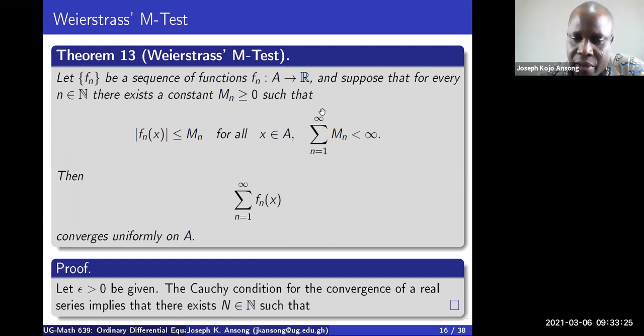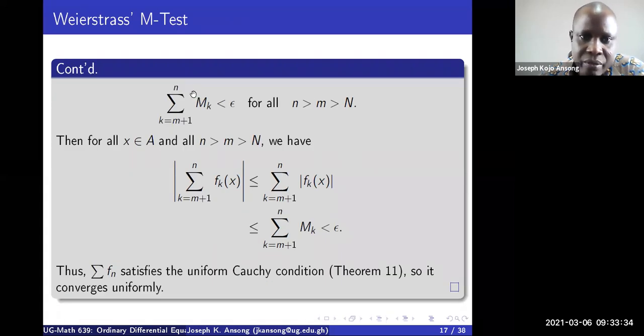In other words, if this infinite sum of Mn is bounded, then the partial sum of them is also bounded.